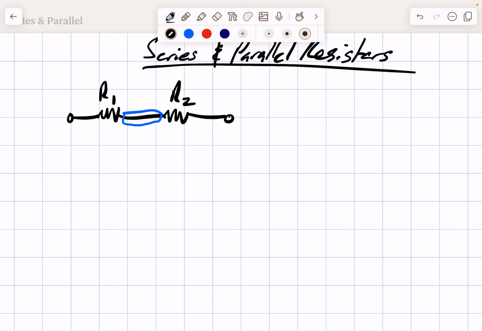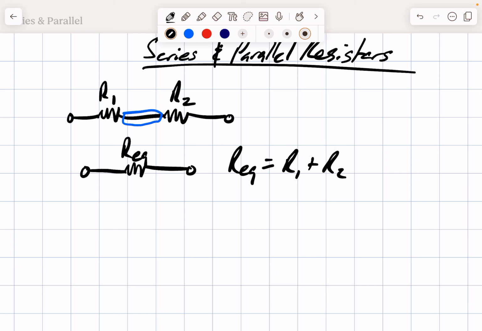And so we could easily combine them into one resistor, which we can call the equivalent resistance, which we will label Req. So we can make this equation called Req is equal to R1 plus R2.